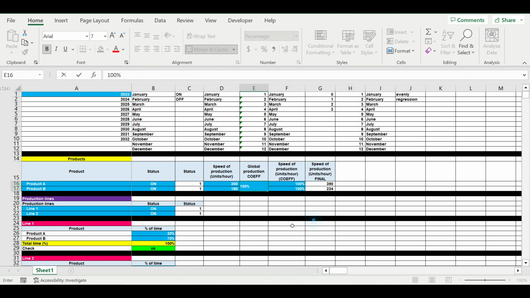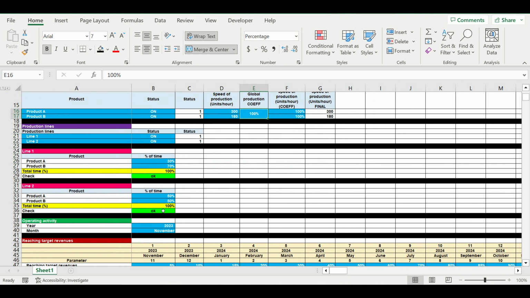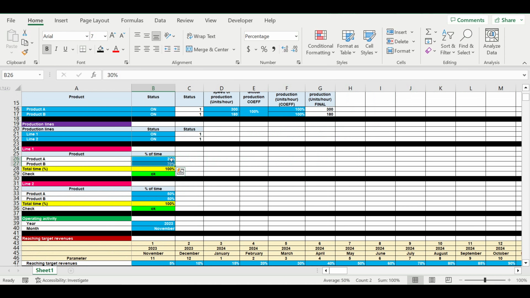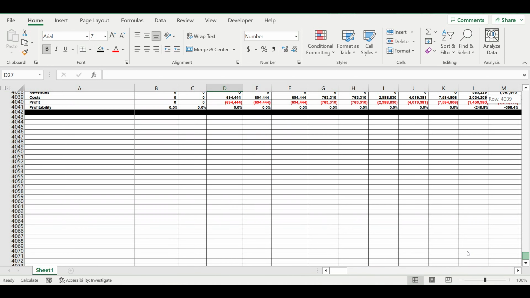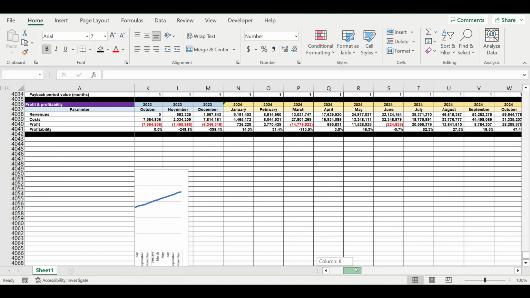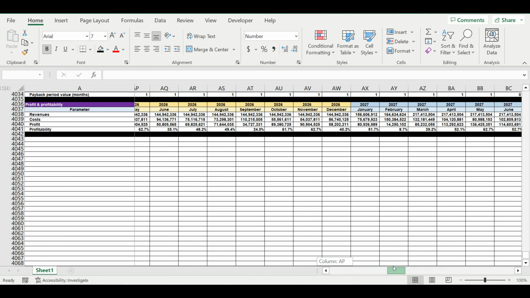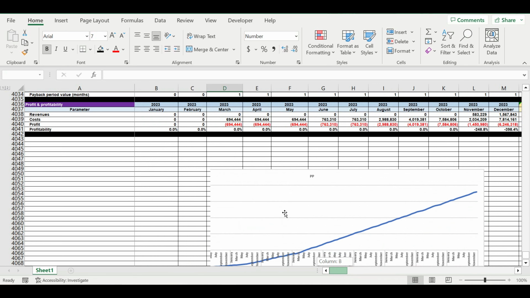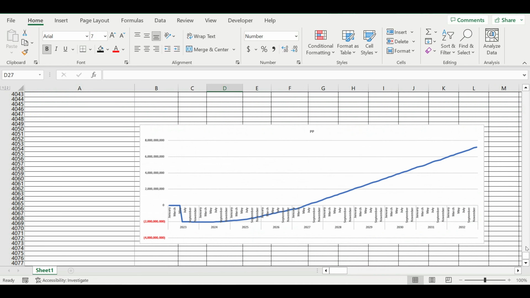So we can now easily play with all these global and local coefficients that are linked to the amount of units produced. We can play with the time allocation. We can play with, for example, switching on and off line number 1 or line number 2. We can see how all the data is changing.